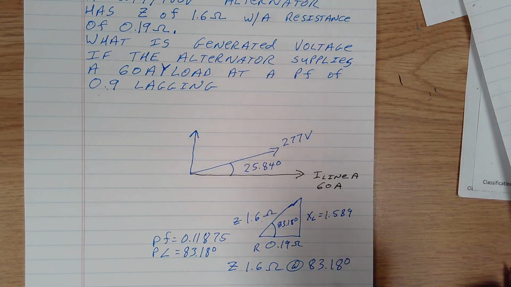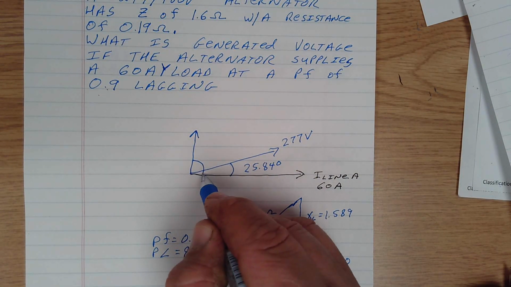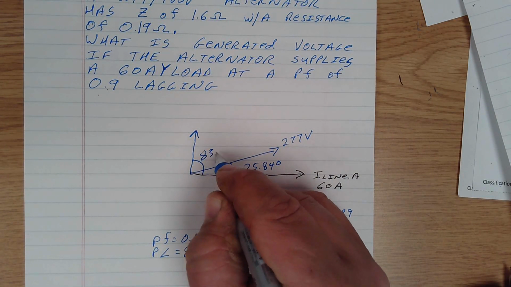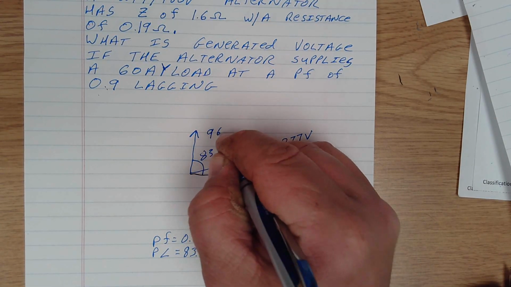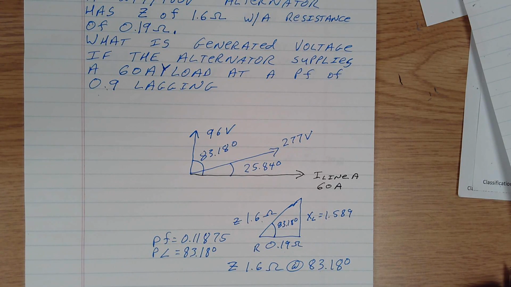Not quite 90, but close, right? So those are our two voltage drops, right? We have a 277 volt drop across the load. We're also going to have a 96 volt drop inside the windings. This is probably pretty unlikely, theoretical values only, but it'll prove the point.